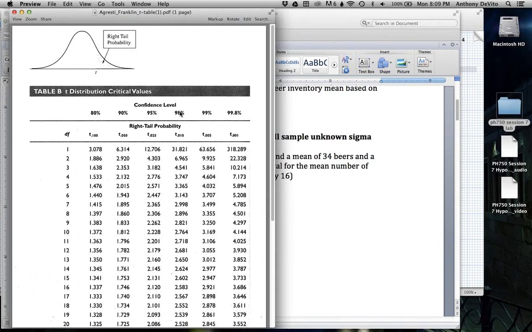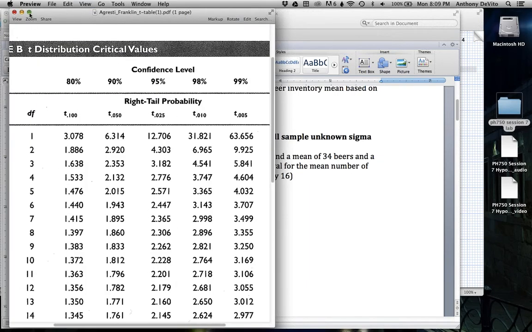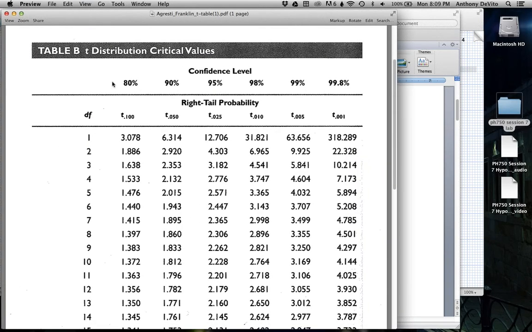Let me blow this up just a little bit. So let's take a look at this. There are different columns for different confidence intervals. This column represents 80%, this column represents 90%, this column represents 95%. Let's take a look at what it says in that column.